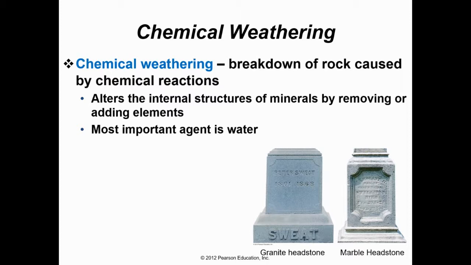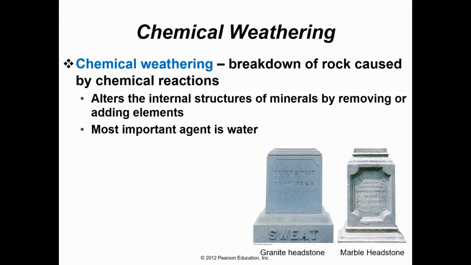Chemical weathering. Chemical weathering, of course, is the breakdown of rock caused by chemical reactions. In chemical weathering, you have chemical alteration of the internal structure of the minerals, so typically the mineralogy.